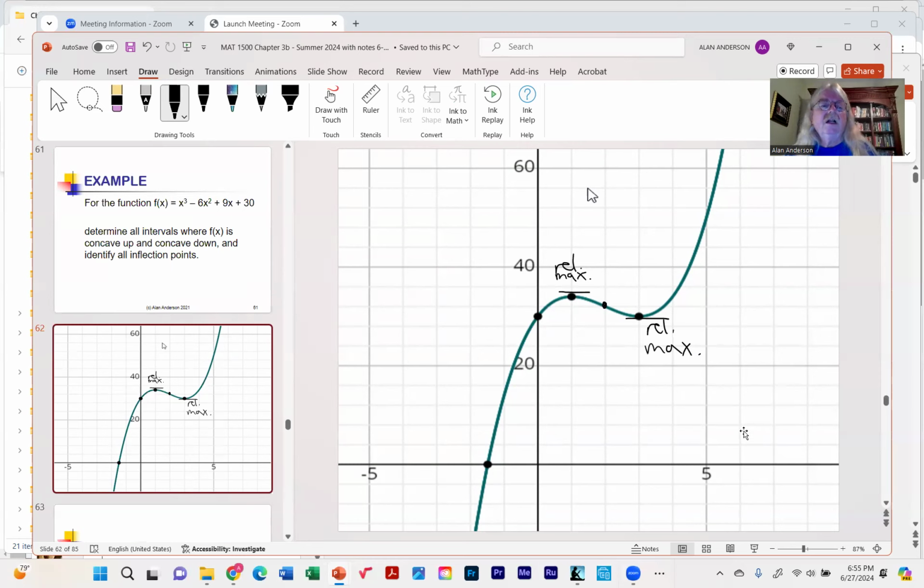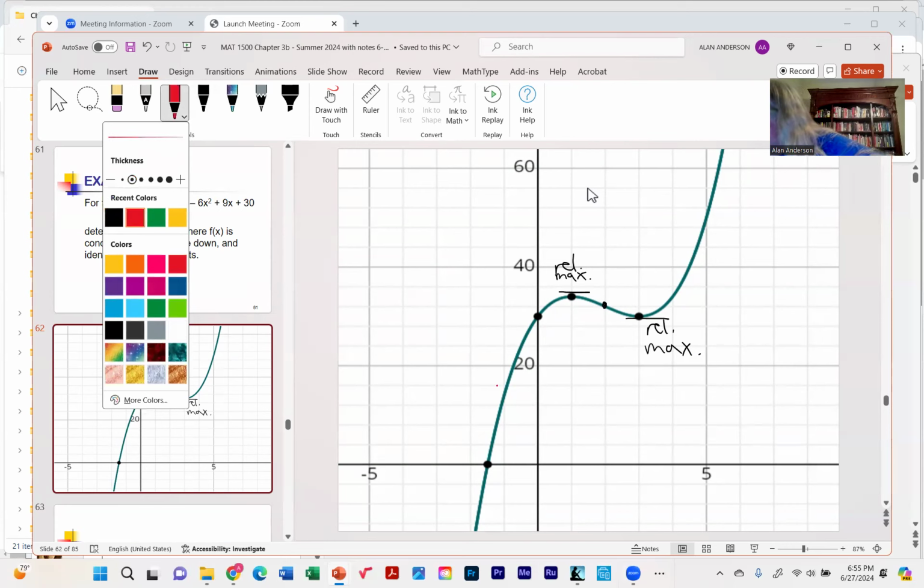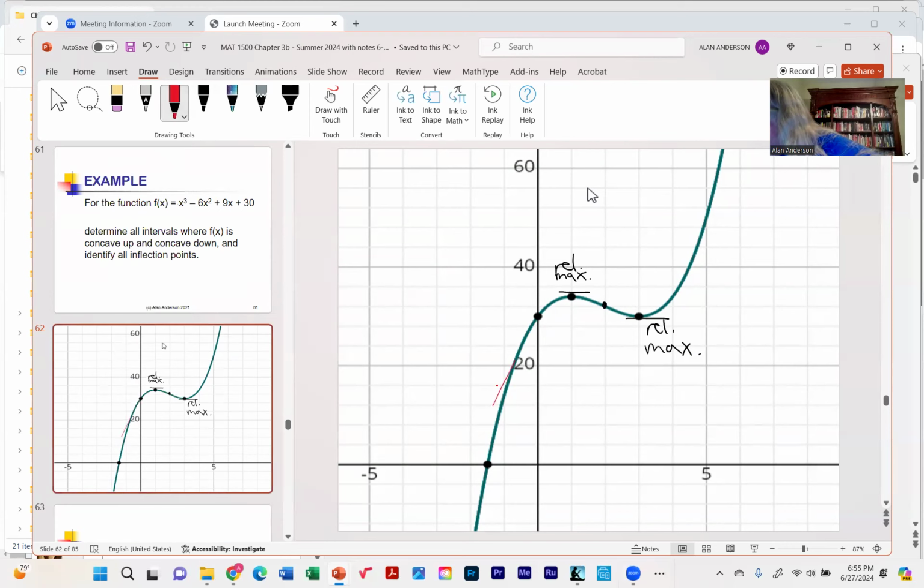So now sometimes it's hard to tell just by looking at a function like this. But visually, it appears that while here the slope is going from positive to 0 to negative, it appears, again, it's kind of hard to see unless we really zoom in on it, that at some point we're going to go from negative to 0 back to positive.